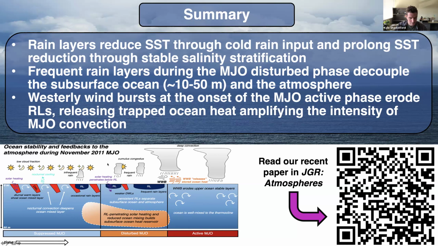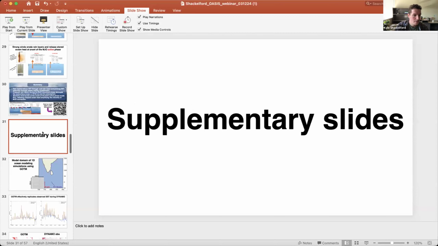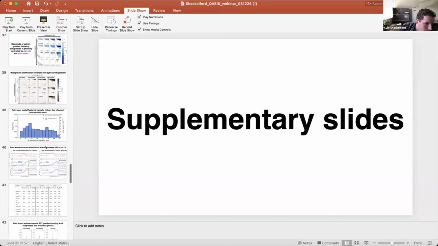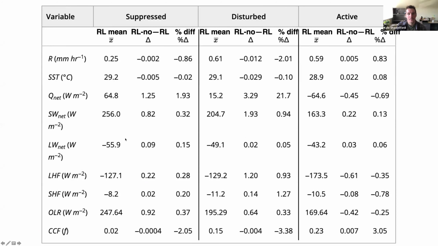Yeah, that's a great question. Let's see. Okay. So this is going to be a lot of information. But this table is showing for the suppressed, disturbed, and active phase, the difference in various variables between the rain layer and no rain layer simulation, from a domain mean perspective.